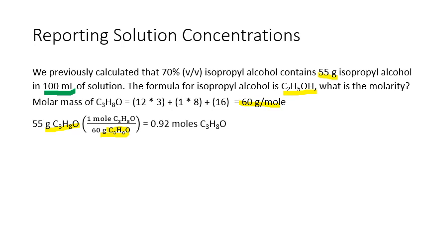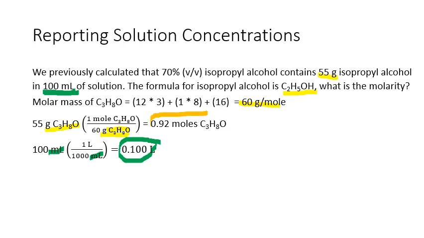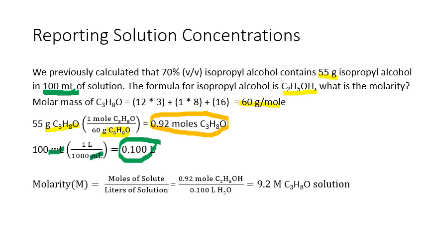That is divided by 100 milliliters, or 0.1 liters. So we can turn milliliters into liters, 1,000 milliliters in a liter. The milliliters on top cancel with the milliliters on bottom. 100 divided by 1,000. So now we have liters and we have moles. So we can figure out how many moles per liter by dividing the number of moles by the number of liters.